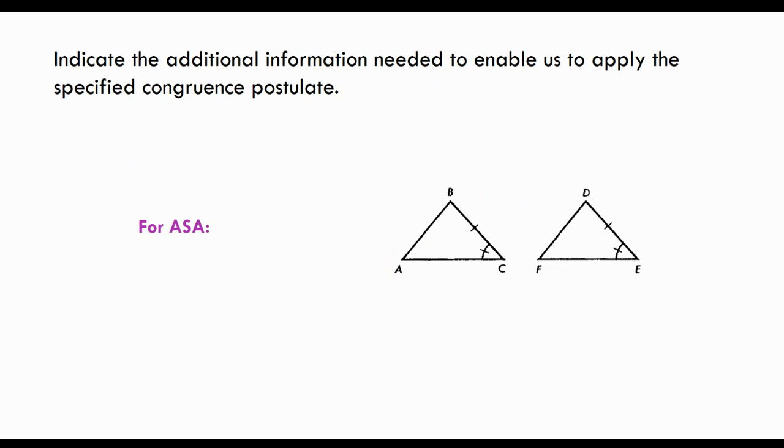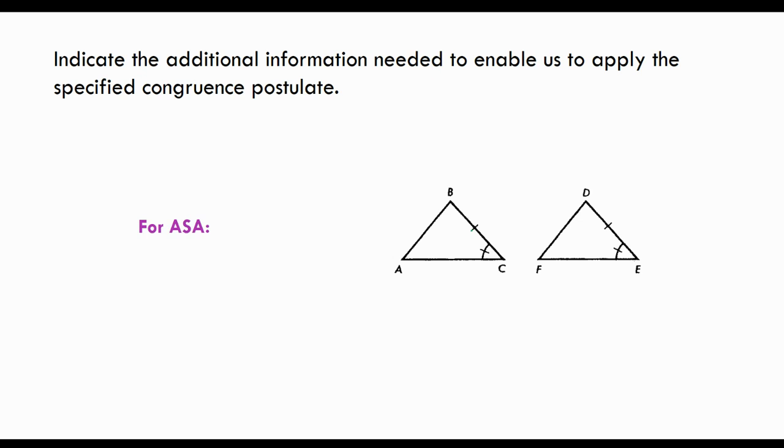All right, so let's indicate the additional information we're going to need in order to enable us to apply the specific congruence postulate. So if I look at the two triangles that are marked, there's only two things. Remember, we need three things congruent in order to say that we have congruent triangles. So in this top example, I want to prove those triangles are congruent by angle, side, angle.